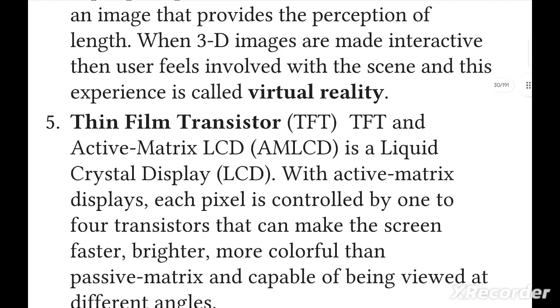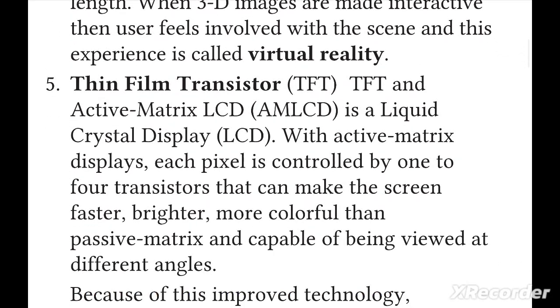Next, thin film transistor, TFT, and active matrix LCD. AMLCD is a liquid crystal display, LCD, with active matrix displays.